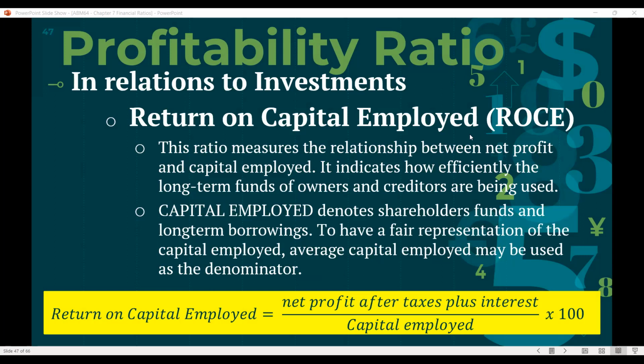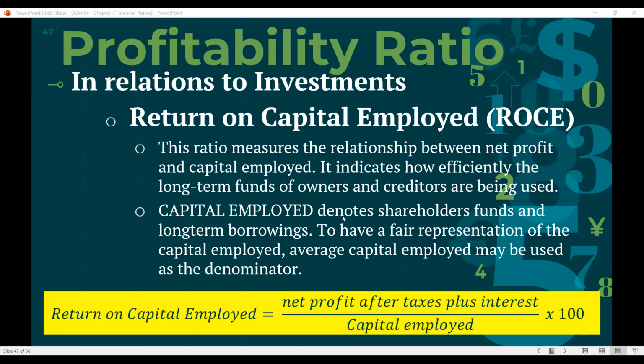So ROCE. Okay, we have return on capital employed or ROCE. So this ratio measures the relationship between net profit and capital employed. So focus on net profit and capital. So it indicates how efficiently the long-term funds of owners and creditors are being used.